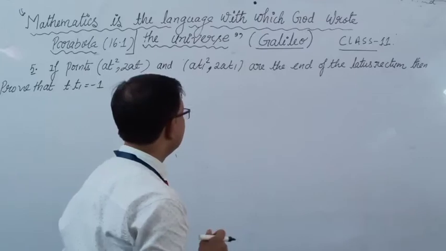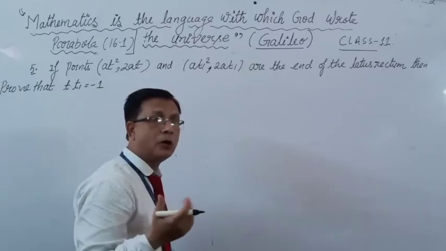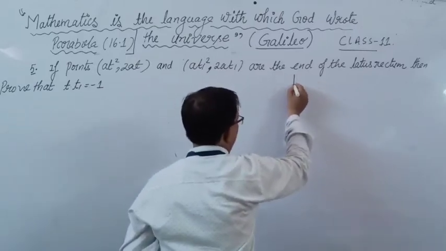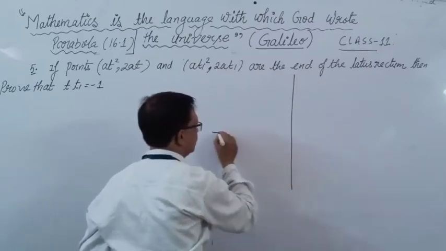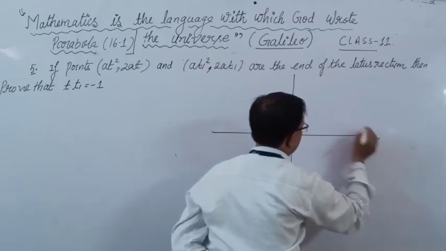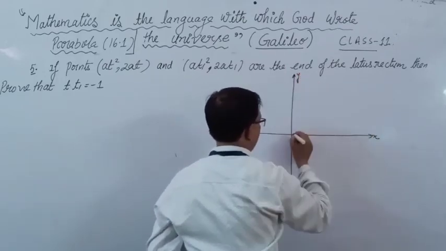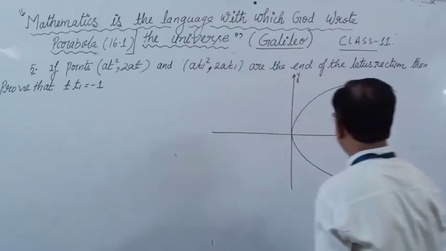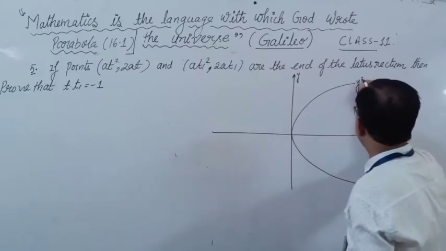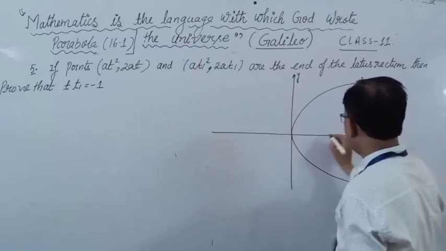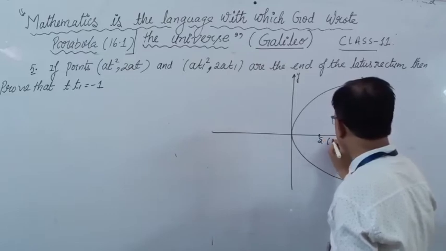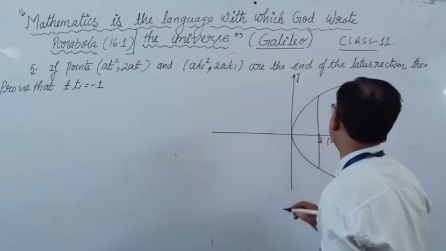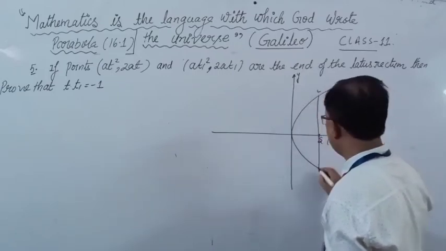Okay, let us see the question in the form of a figure, because the figure is very important. So here we draw the diagram for you. This is your parabola y square is equal to 4ax, and this is the focus a comma 0, and this is your latus rectum L and L dash.